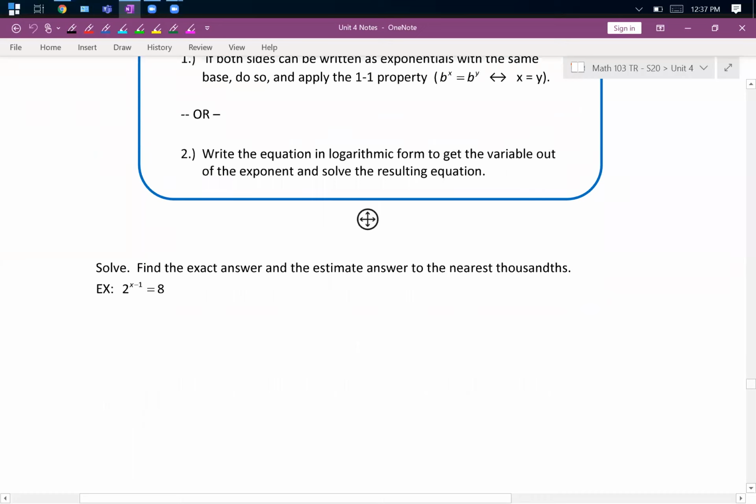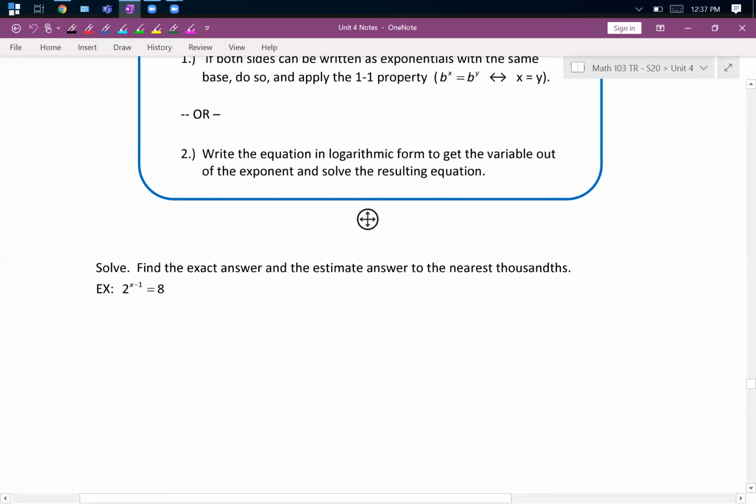So here goes. Let's solve 2 to the x minus 1 equals 8. We want to find the exact answer and then an estimate answer that's rounded to the nearest thousandth. I start by noticing that I have just one thing equal to one thing, so maybe that one-to-one property will apply.